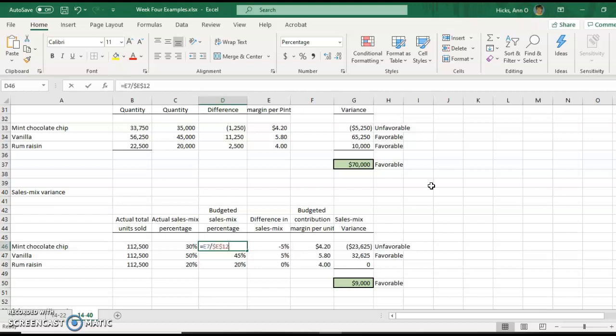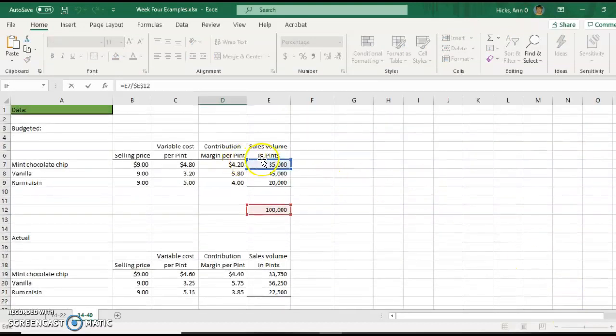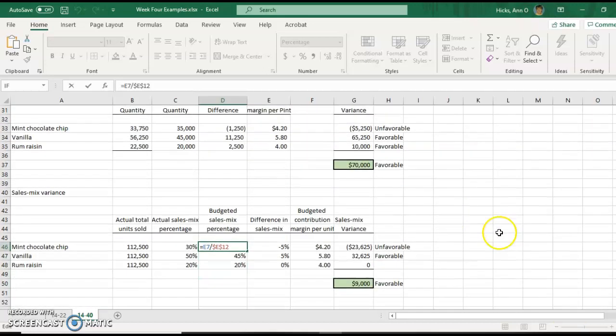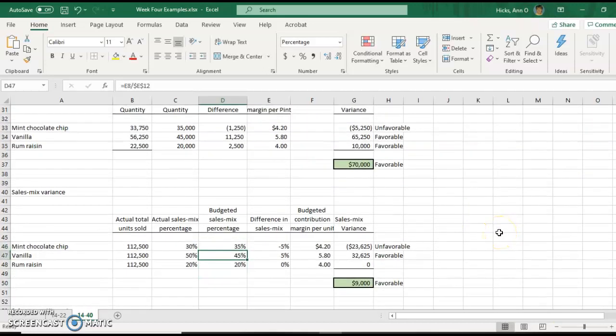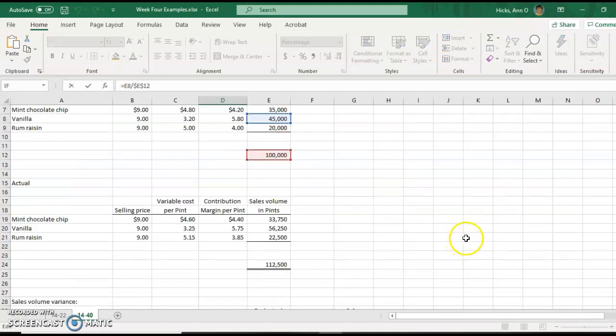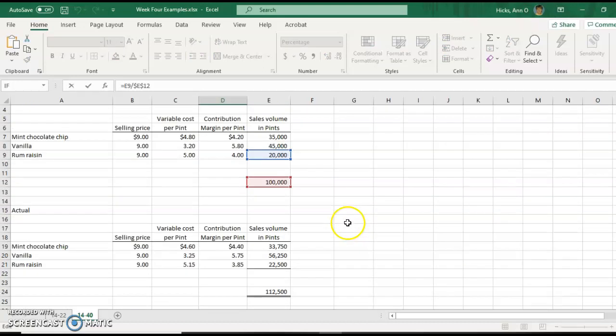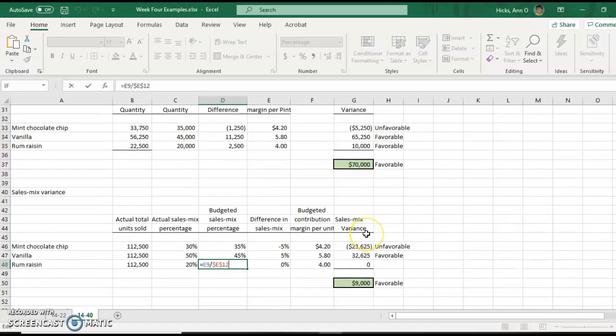And so for mint chocolate chip, we had budgeted a sale of 35,000 out of a total of 100,000, which would be 35%. Vanilla, we budgeted 45,000 out of 100. And then rum raisin, 20,000 out of 100, or 20%.